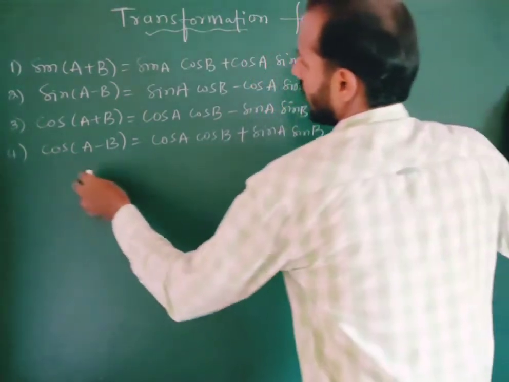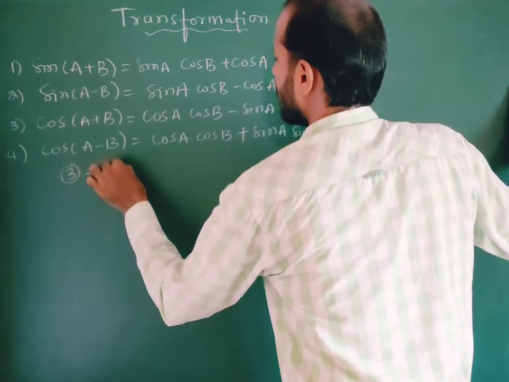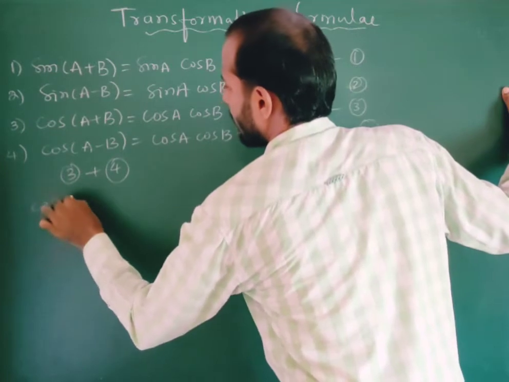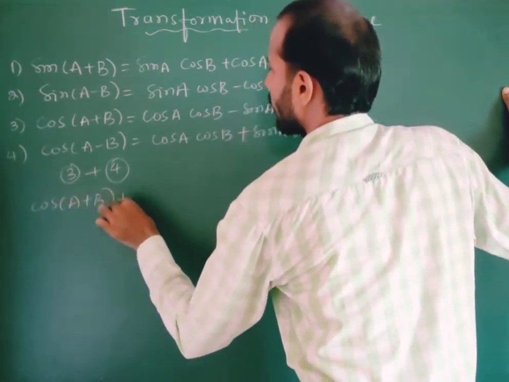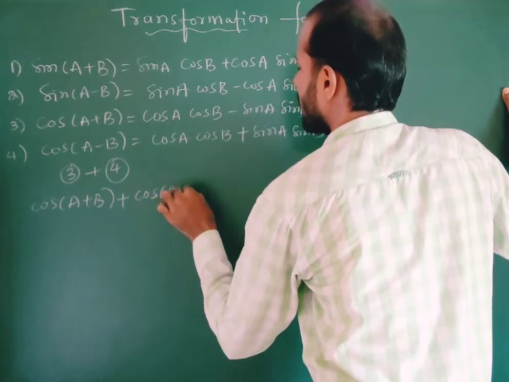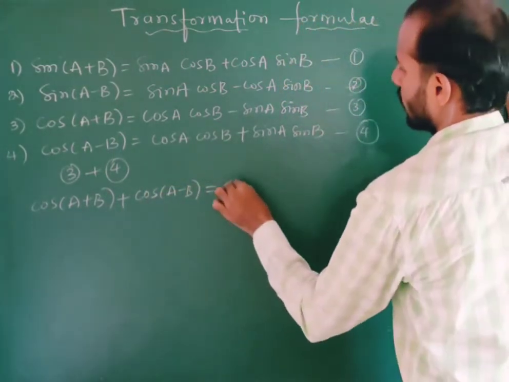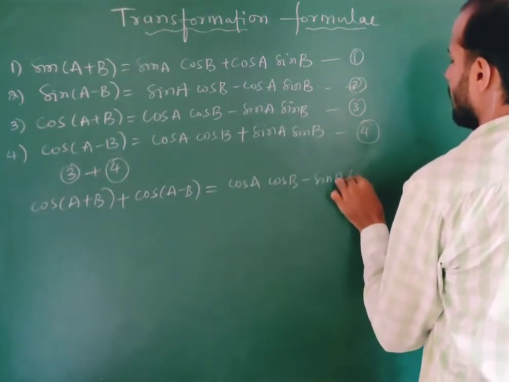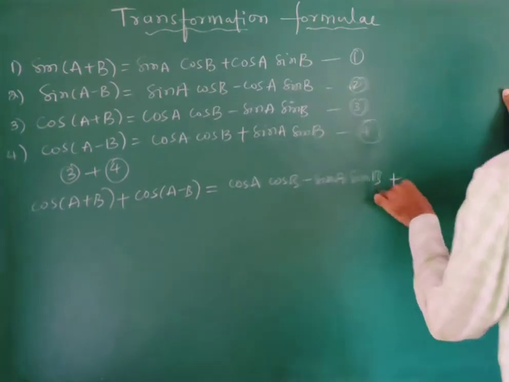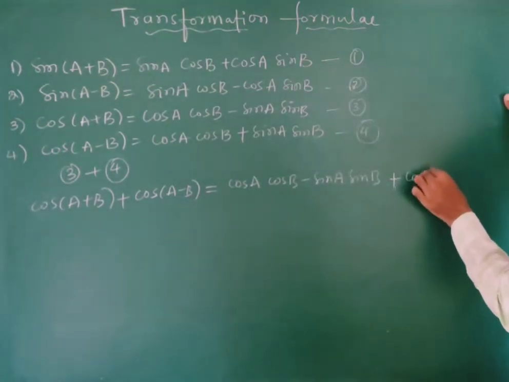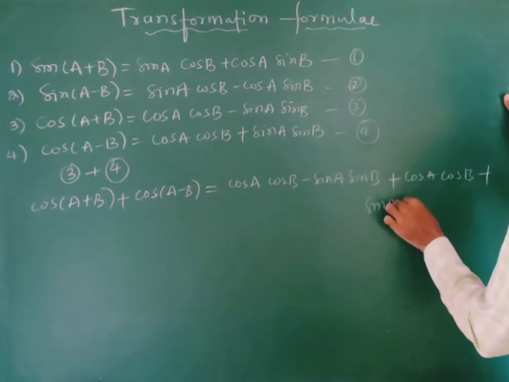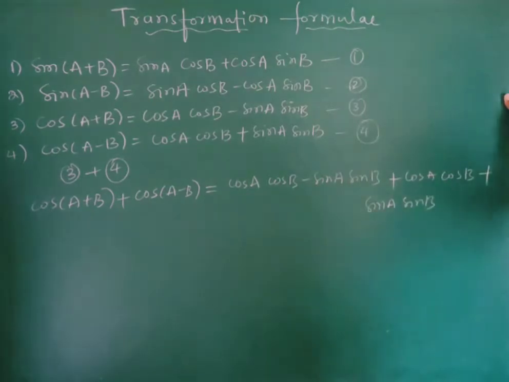What we get? Let's see. Equation 3 plus equation 4. Adding these two, cos(A plus B) plus cos(A minus B) equals cos A cos B minus sin A sin B plus cos A cos B plus sin A sin B. Here minus sin A sin B plus sin A sin B get cancelled.